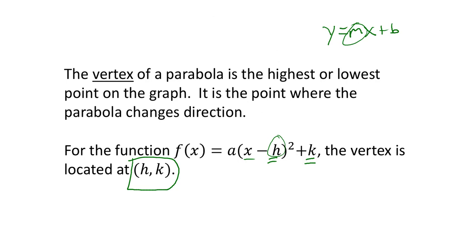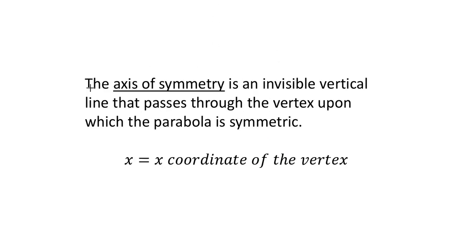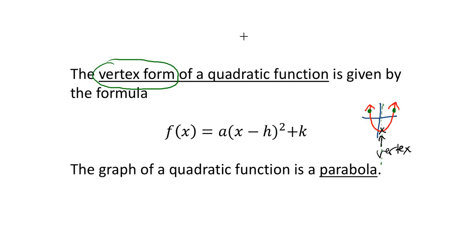All right, so let's take a look at an example, as soon as I talk about this last bit. The axis of symmetry, which is also called the line of symmetry, different textbooks give it a different name. I don't remember which one this textbook likes to use, but I know in college algebra it definitely is axis of symmetry. It's an invisible vertical line that passes through the vertex, as I mentioned earlier in my example, upon which the parabola is symmetric. To describe that vertical line, let's go back to that example I just did a moment ago.